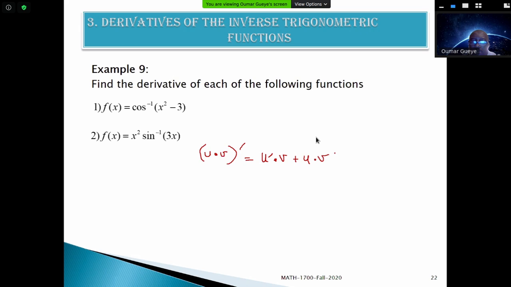And this is the formula that we have to use. In our example, this is u, and all this is v, and we have the product here. Is it okay? So we're going to use this product rule.